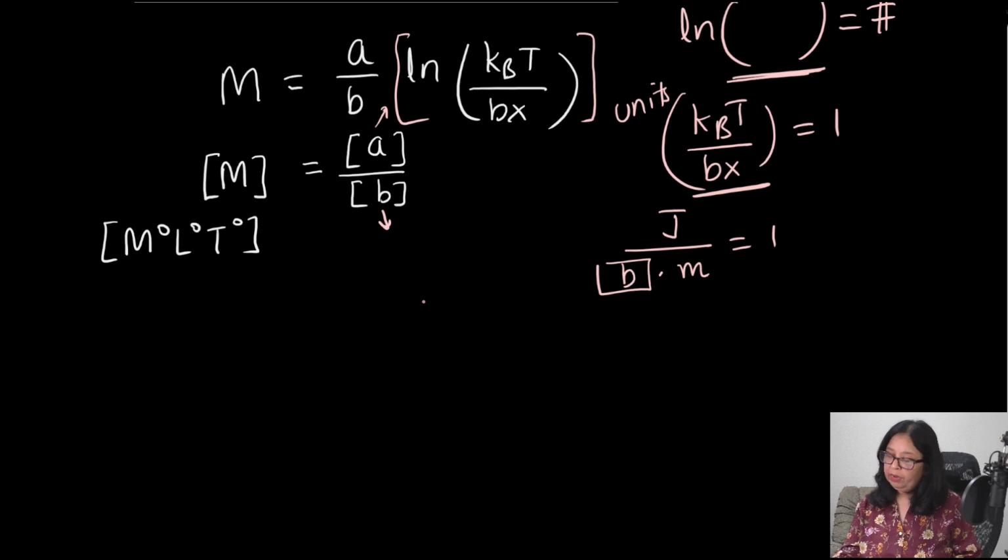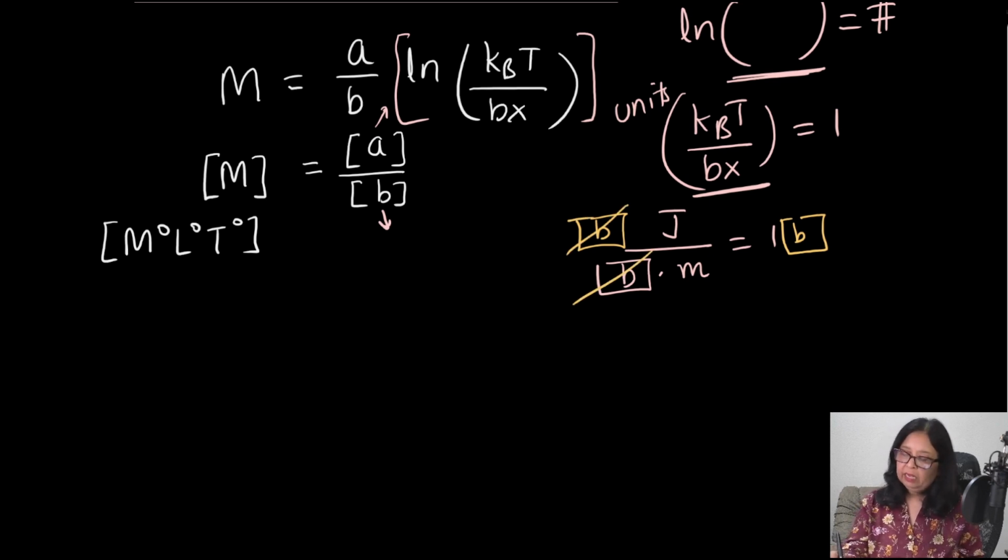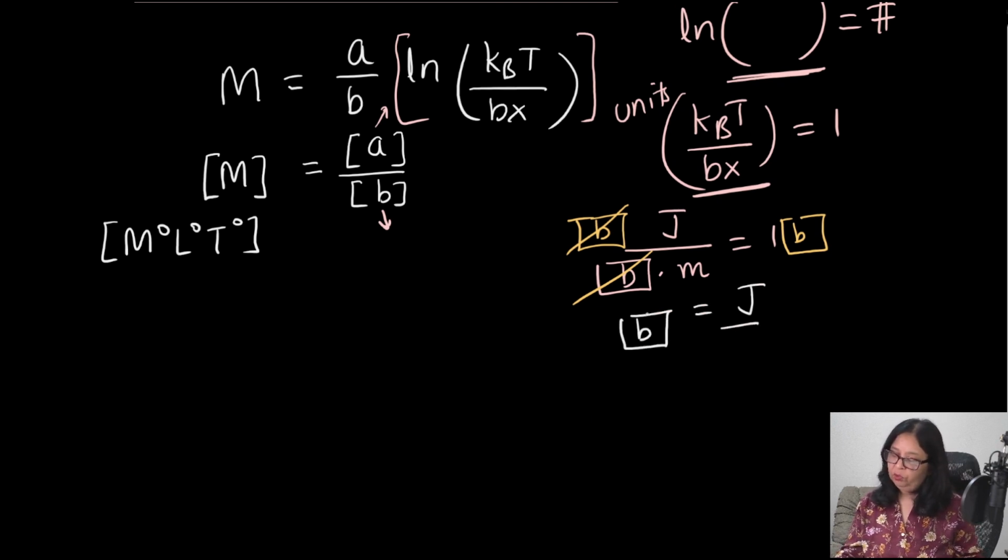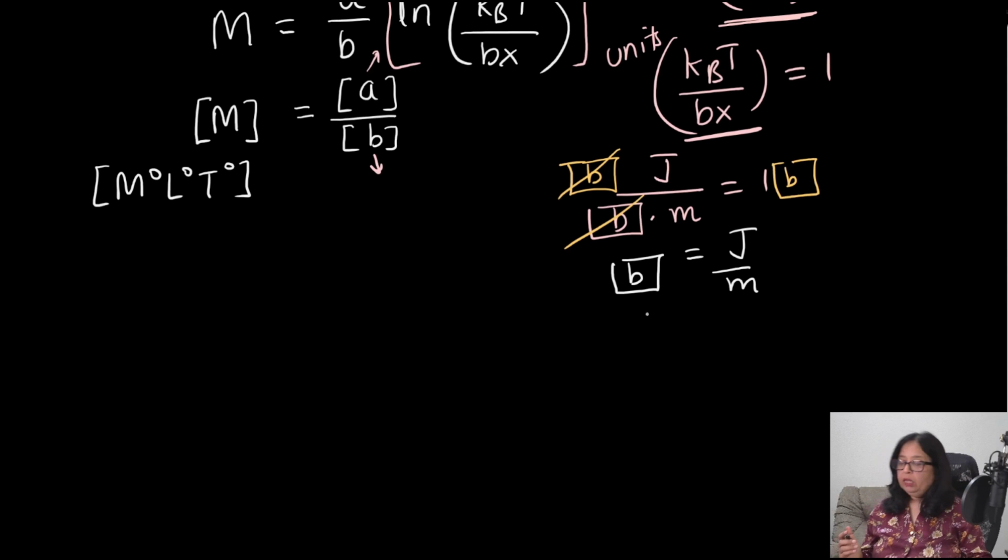From here, multiply both sides by the B inside the box. So what happens? These B's cancel out on the left-hand side, and I get this B in the box equals joules per meter. Okay, so I got the SI unit for B, joules per meter.